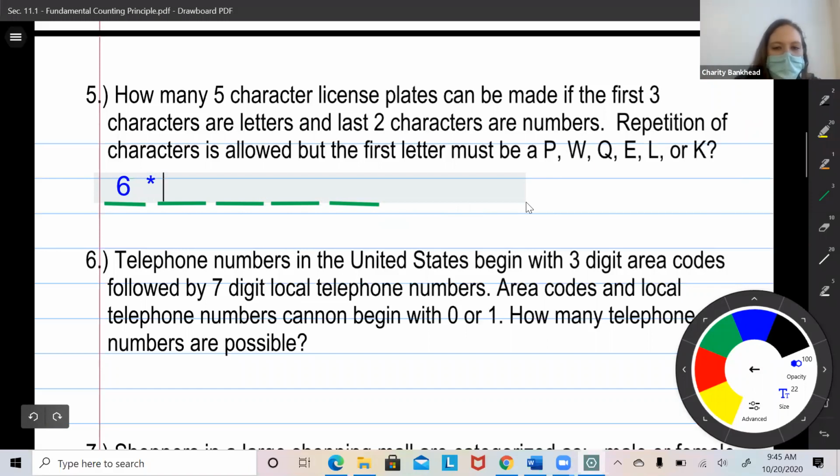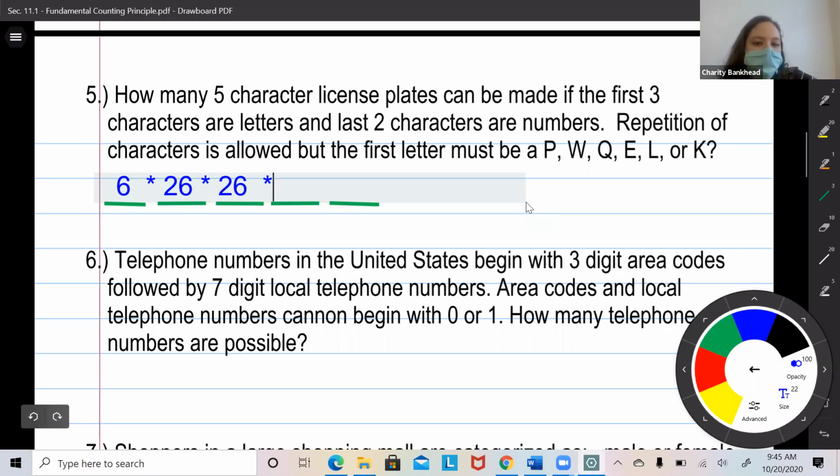The second character can be any one of the 26 letters of the alphabet, and the same thing goes for the third character.